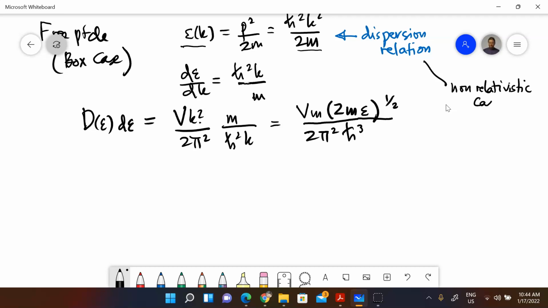Now sometimes we do need the relativistic case. What do I mean by relativistic case? Your velocities are going to be approaching the speed of light, the velocity of the gas particles. So in this particular case, your dispersion relation is going to be different. Above is quadratic; for the relativistic case, where your velocities are very high, this becomes a linear dispersion.